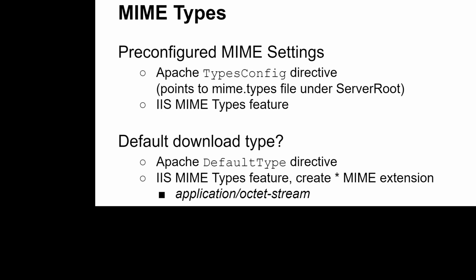The solution at the time was to tell people to right click on that link and choose download file as, but the real solution was to implement an asterisk MIME type extension, meaning a wildcard: if I don't specify a particular type on how to download an extension, then by default, go ahead and download it as an application octet stream, meaning just download it as binary by default unless I tell you otherwise.